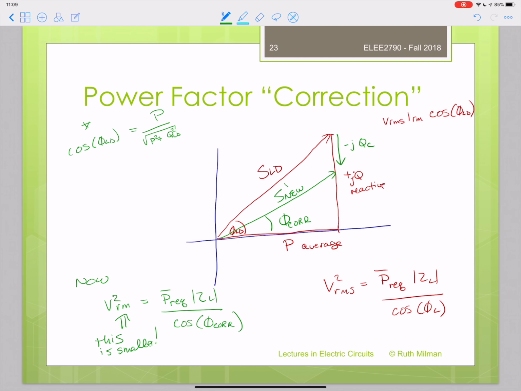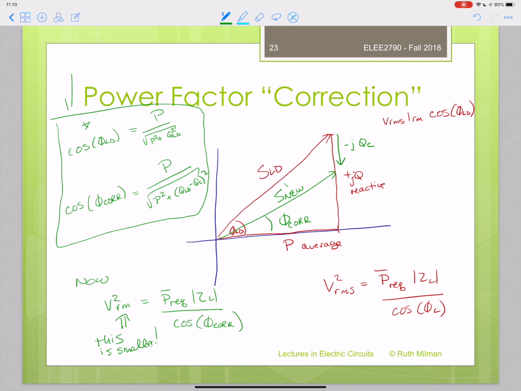And if we look at the new value, the cosine of our corrected power factor, this is equal to P over the square root of, we have the same average power, we haven't changed that, we've just changed the reactive power by subtracting off part from the capacitor, and that gives us our new ratio. And just realize that those are actually ratios that come directly off of this triangle, so we can read this information straight off of the triangle. So this is embedded in the triangle.